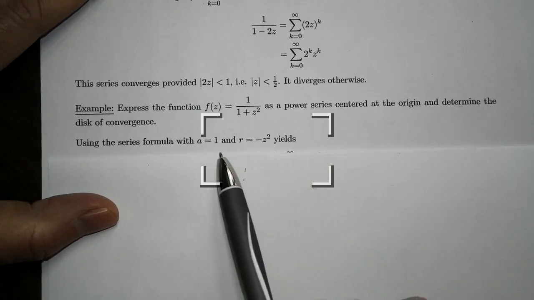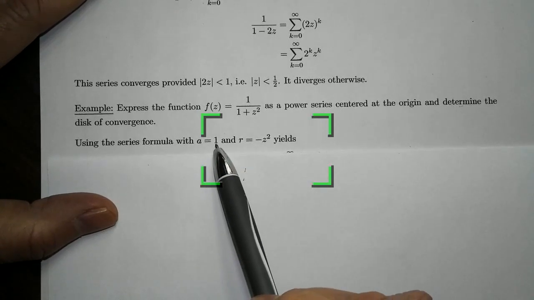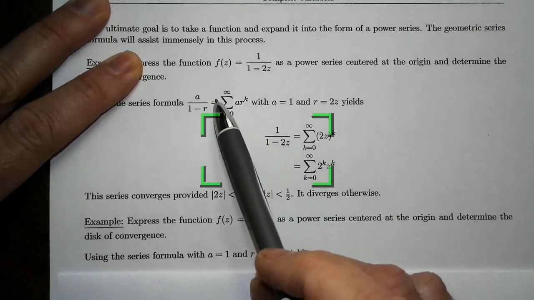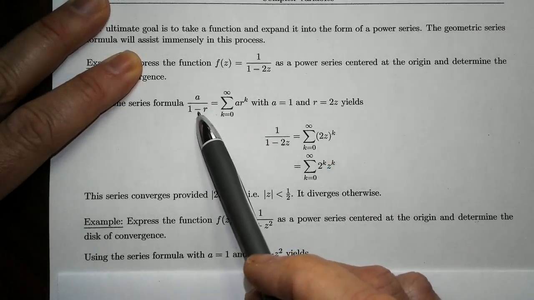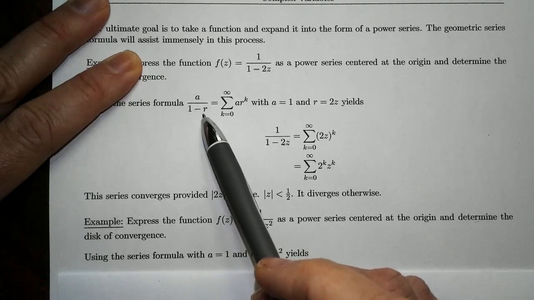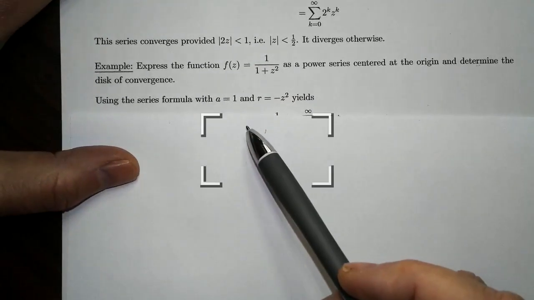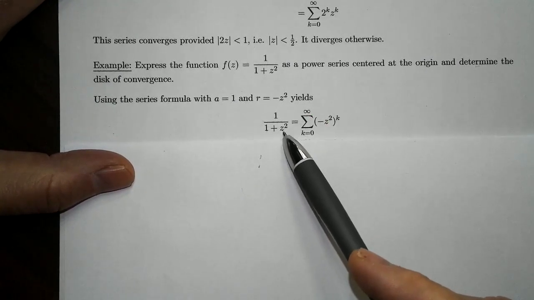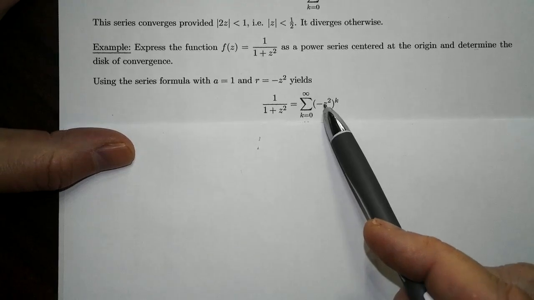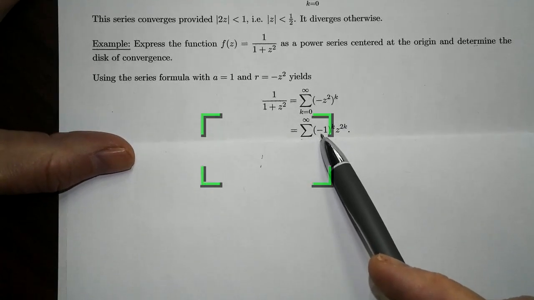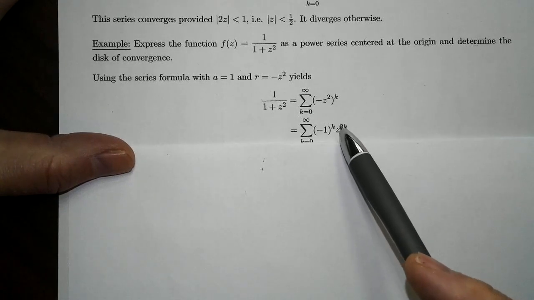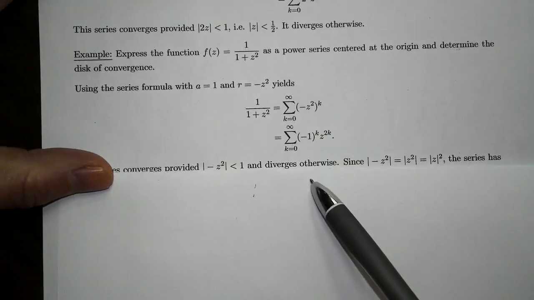Now we're going to use the geometric series formula again, but a is going to be 1, and r is going to be minus z squared, because if we substituted that in, we'd have 1 minus a minus z squared, which is plus z squared. So if we use our geometric series formula and substitute it in, we get something like that. We could rearrange this. It's minus 1 to the k times z to the 2k.